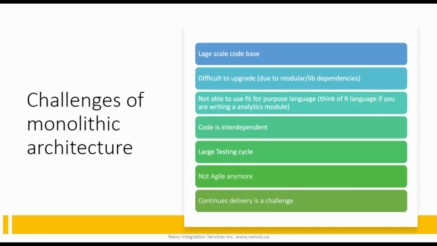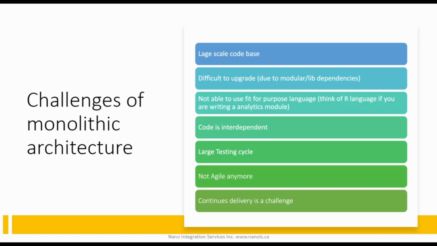But because the rest of the application is developed in Java, it will be very difficult to use R language over there. So the different teams have to look for ways how they can incorporate that kind of implementation within the application.